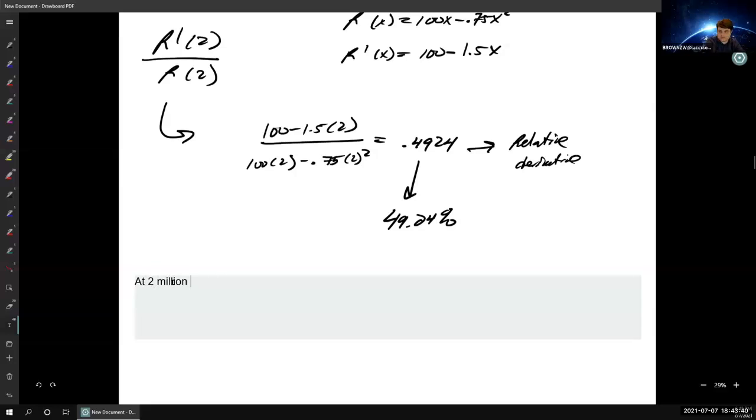At 2 million units, we're talking about revenue, so this is units sold, the revenue is growing by 49.24% of the total revenue. Okay.